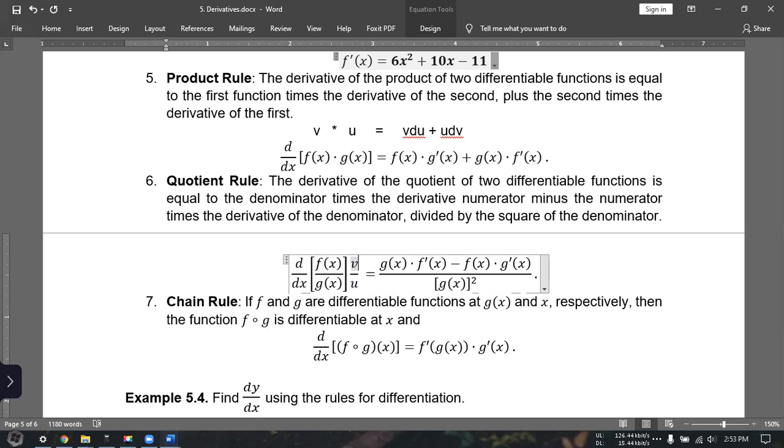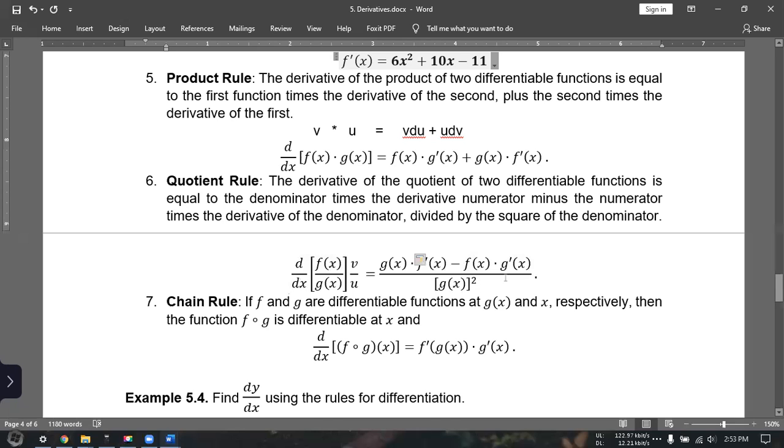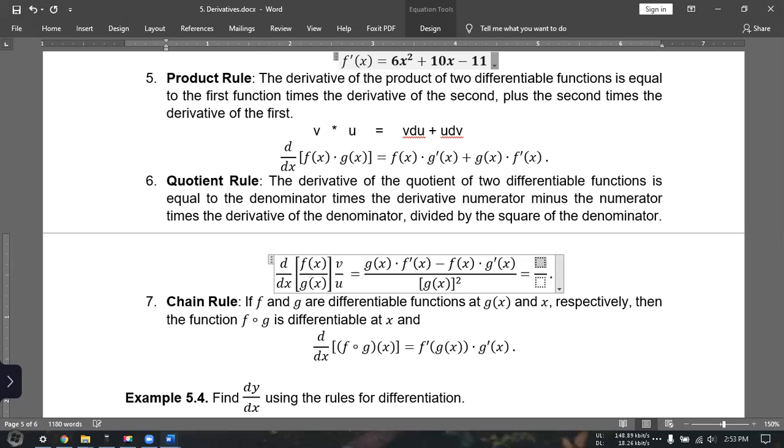Then the derivative is defined as u dv minus v du over u squared.